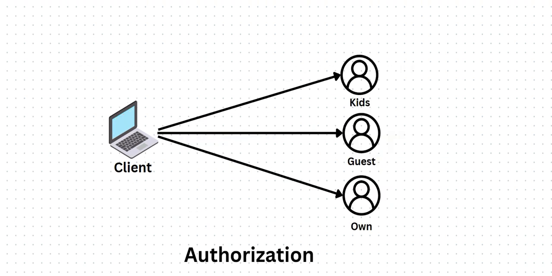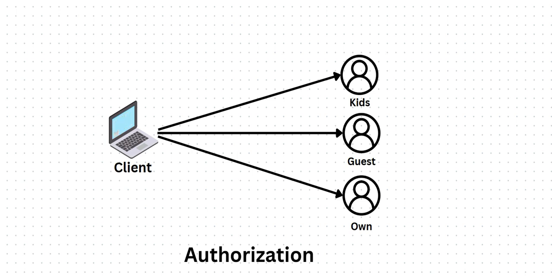So now let's move to authorization. Authorization determines what actions or resources a user is allowed to access after authentication. For example, once you successfully log into Netflix, you land on the home page where multiple profiles are available on the screen, for example the guest profile, kids, or owner and many more.